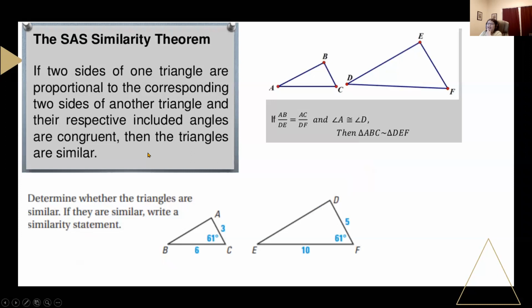So when you're looking at sides, you're trying to see if when you make a fraction, do they reduce to the same number? And when I'm talking about making a fraction, I'm talking about the sides that correspond. So here, I have a 61 degrees here and a 61 degrees here, right?